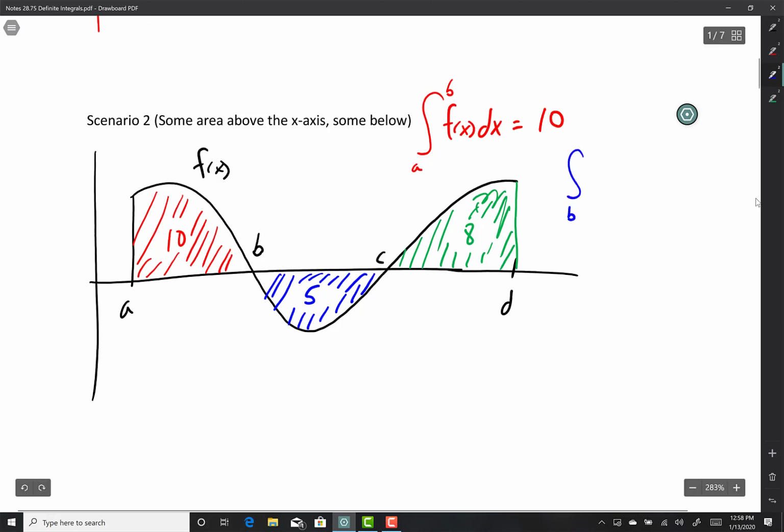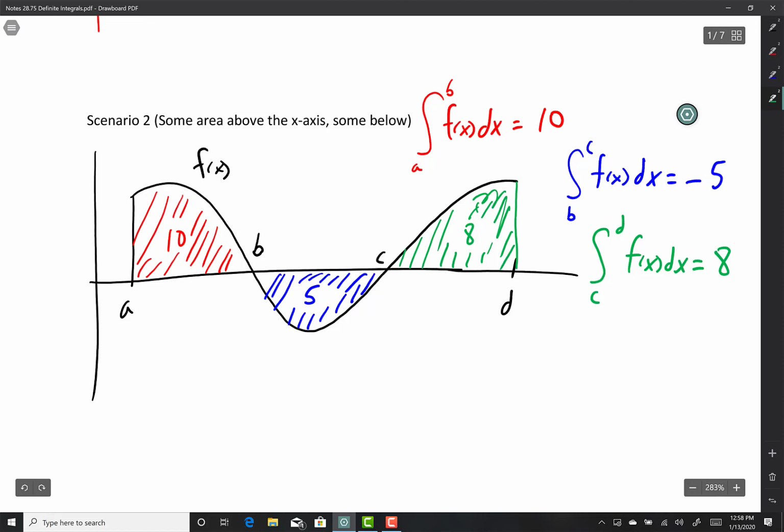Area from B to C of f of x. I'm not going to write 5, because it's below the x-axis. Take a guess, what do you think I'm going to write? Negative 5. Perfect. Negative 5. See, you guys are smart. And I didn't even have to tell you guys about that. Integral from C to D of f of x dx. It's above the x-axis. This is just going to be 8.